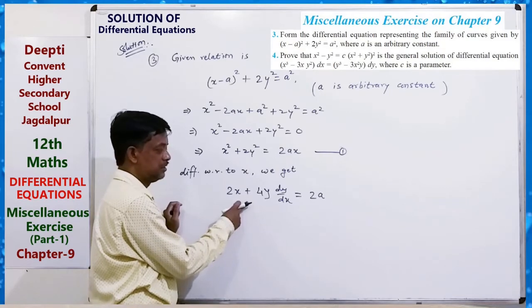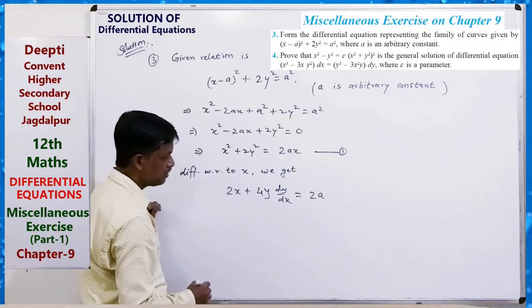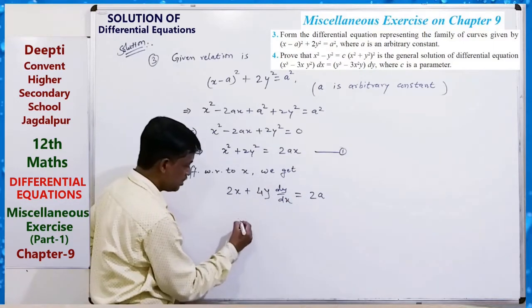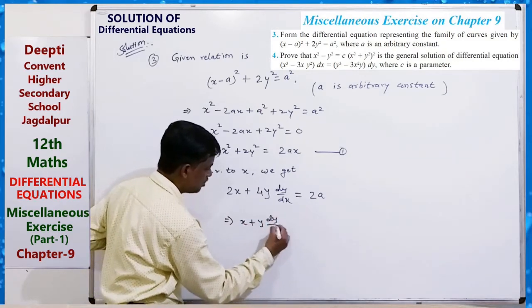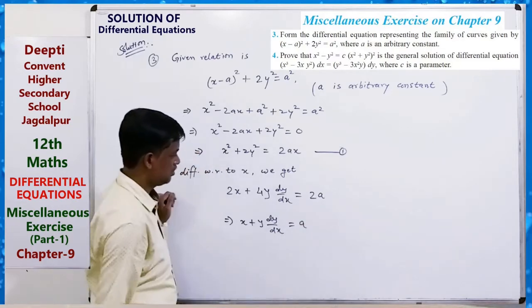After differentiation, clear? Now from here we can cancel out 2, so x plus y dy upon dx equals a. Here 2y.